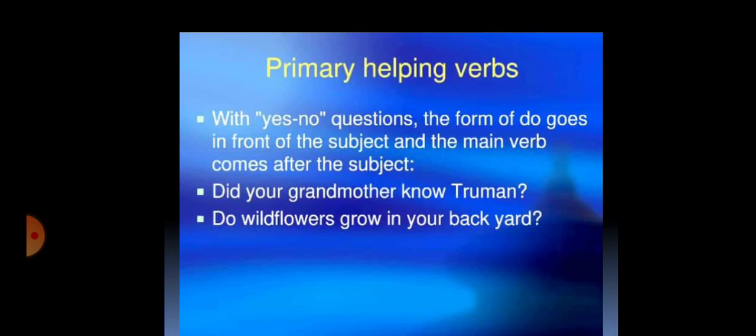Now with yes no questions, the form of do goes in front of the subject and the main verb comes after the subject. We have already discussed that the order changes. Did your grandmother know Truman? Do wildflowers grow in your backyard?